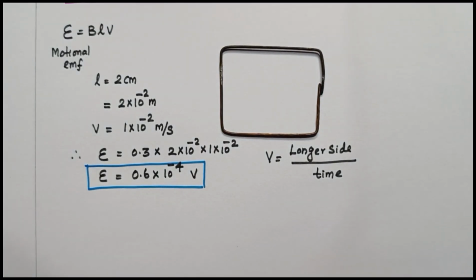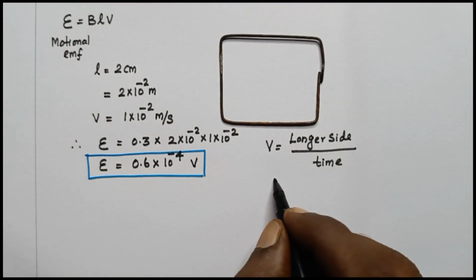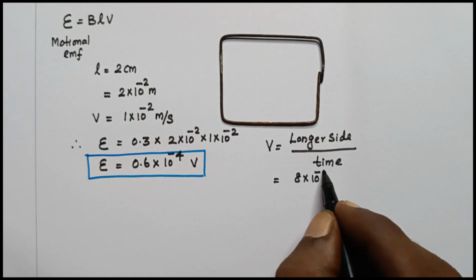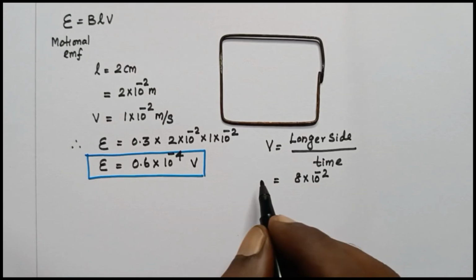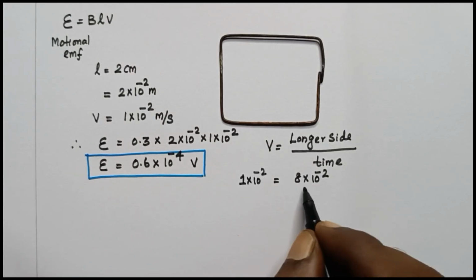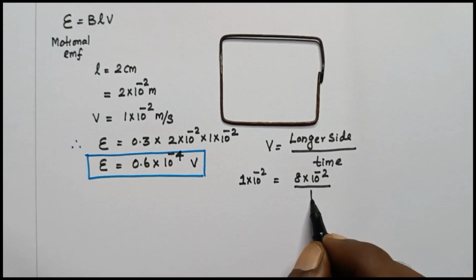What is the longer side? The longer side is 8 cm. It is converted to SI unit, 8 into 10 to the power minus 2 meter. Velocity is 1 into 10 to the power minus 2, divided by time t.